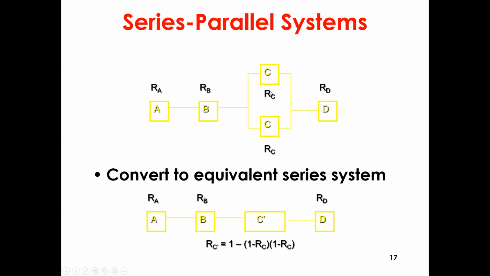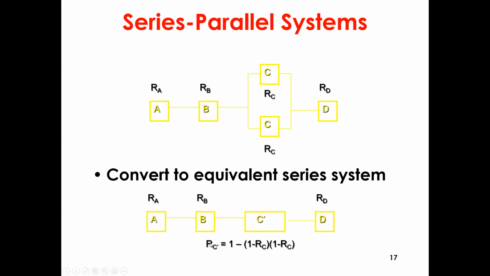You need to first combine this, because this is in parallel. How do I combine this? I'm going to do 1 minus RC, that is 1 minus whatever I have here, and 1 minus whatever I have there. I'm going to multiply them, and then subtract the result from 1.